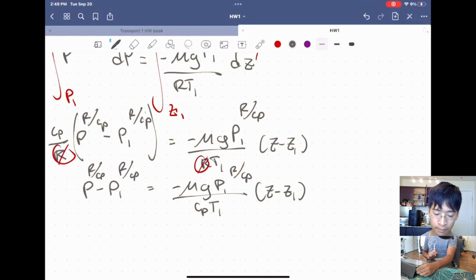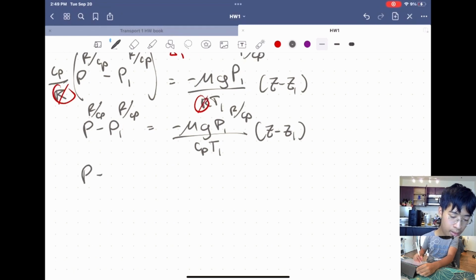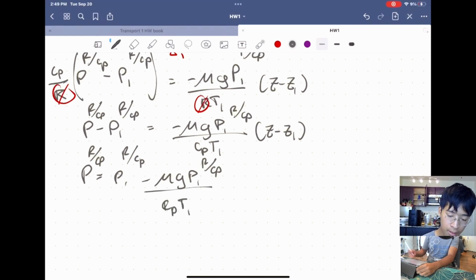Okay. We can bring this over to the other side by adding. So we have P to the R over Cp equals P1 to the R over Cp minus molar mass times G times P1 to the R over Cp over Cp T1 times change in altitude.